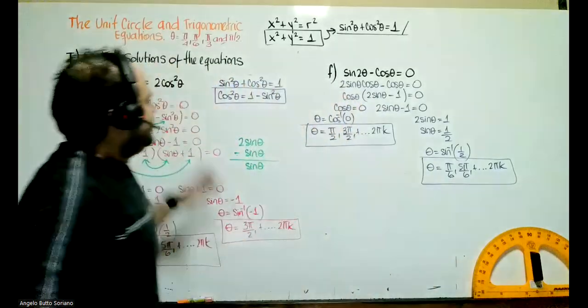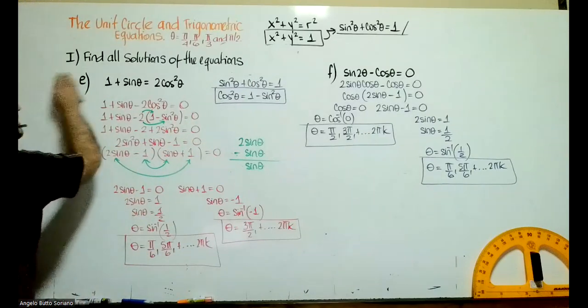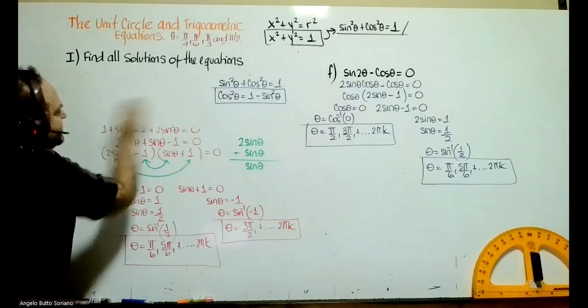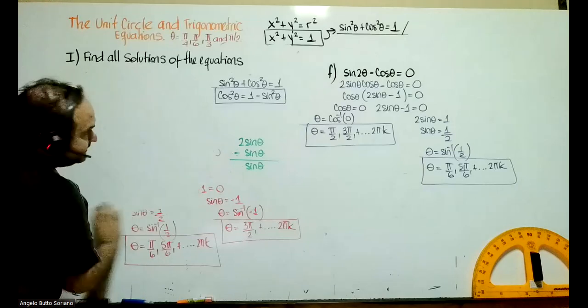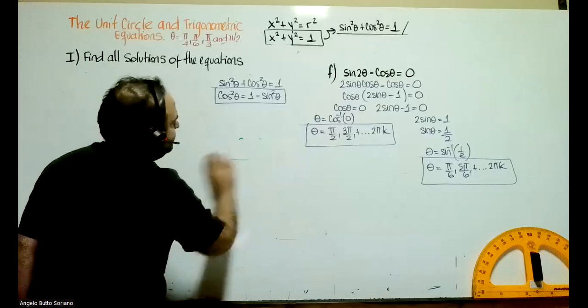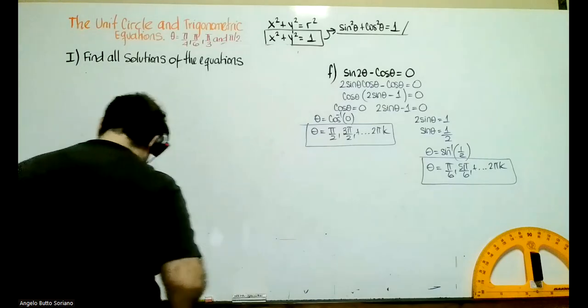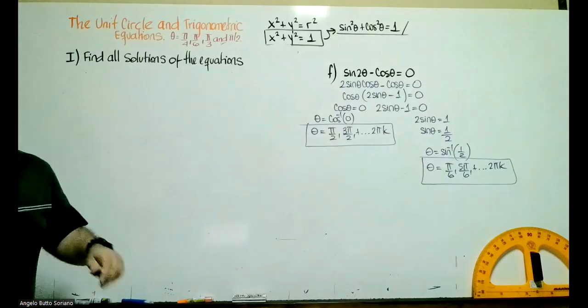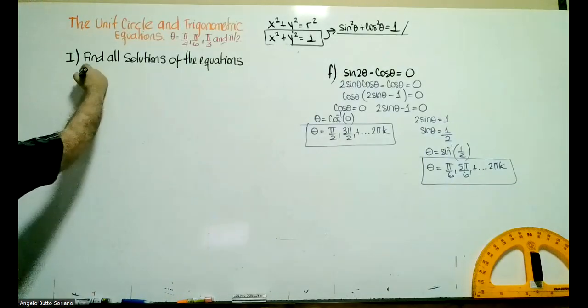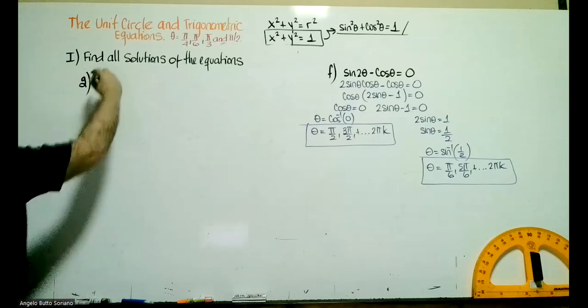I'm going to erase this part of the whiteboard. I think you copied that one already. Okay, let's see what we got. This is an interesting trigonometric equation. For example, in the letter G, the last one, we have cosine theta plus 1.